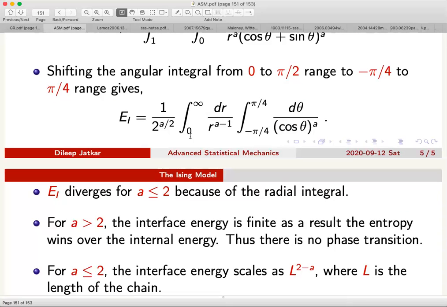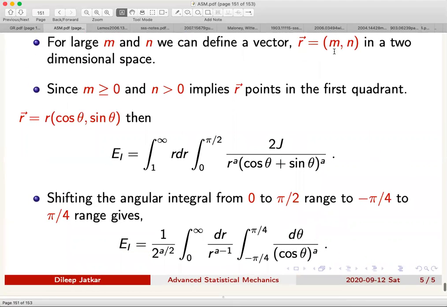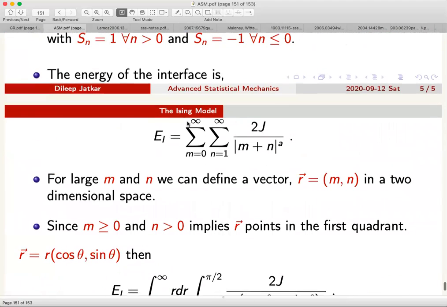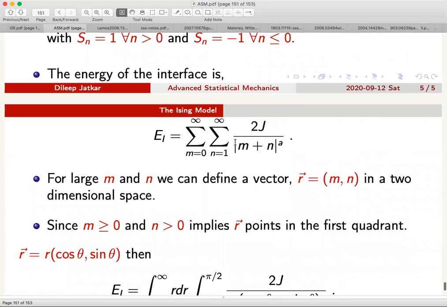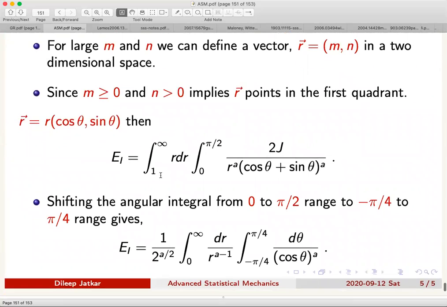And the lower bound is 1 really, because m and n take values which are minimally 1. Even if one of them is 0, the other one is minimally 1, so the length is at least 1 and cannot be 0. That's why this integral starts from 1.